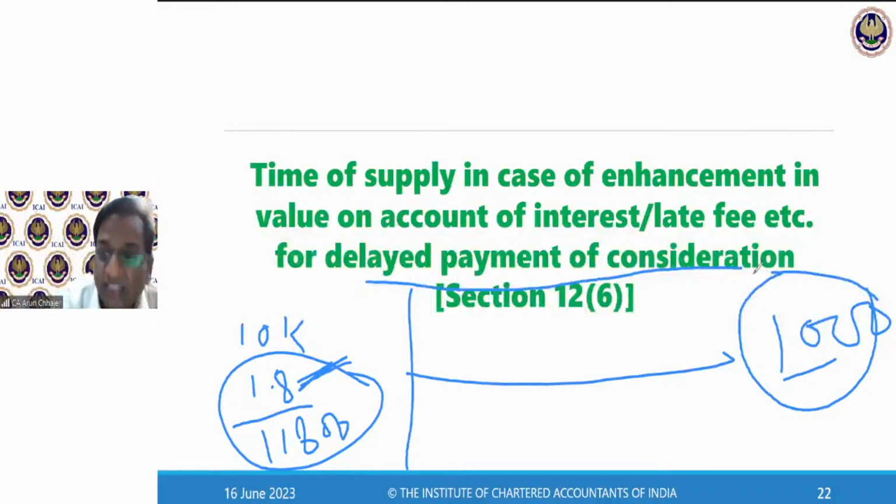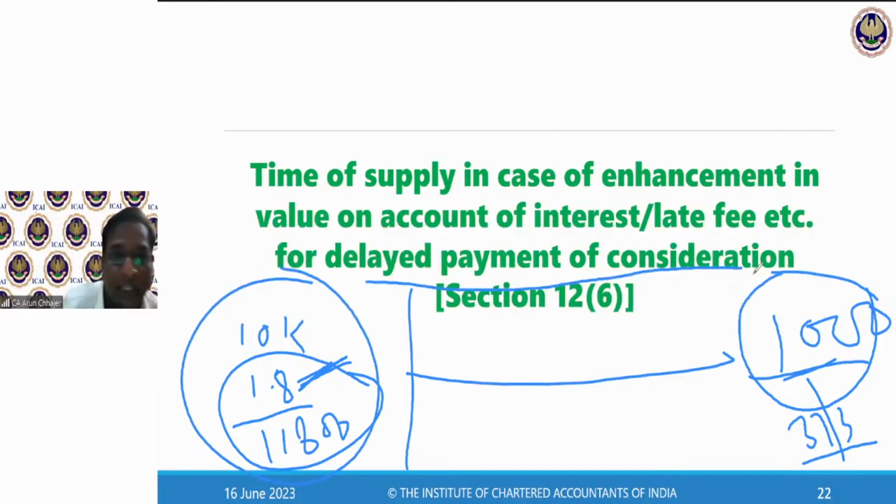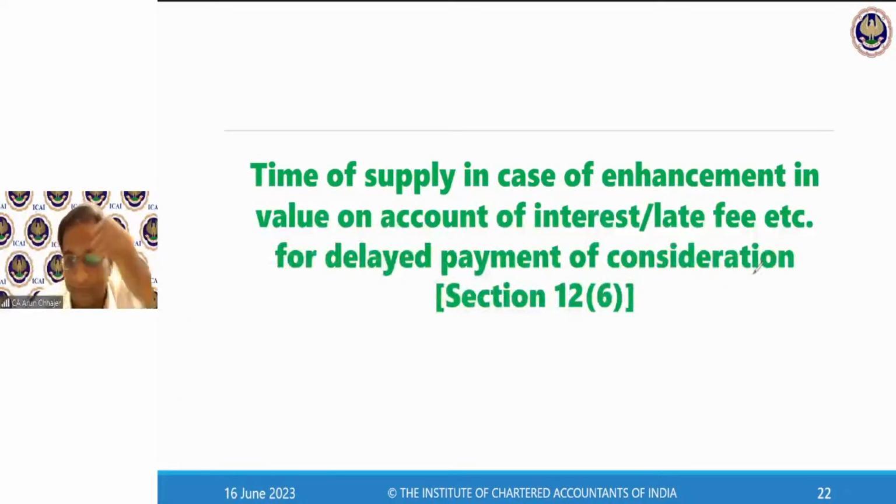When you actually receive, I have received on 31st March. So will the 31st March be the time of supply for the entire 12,800? No, sir. The time of supply for 11,800 I have already determined according to the forward charge process. But this 1,000 which I have received extra will be calculated on receipt basis. So Rajiv, it is only for 1,000, not for the entire amount.